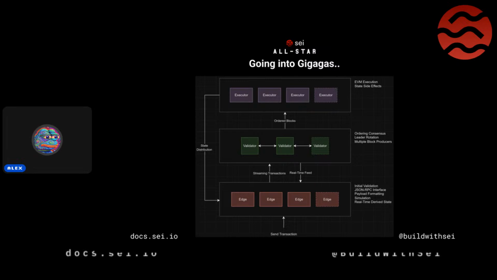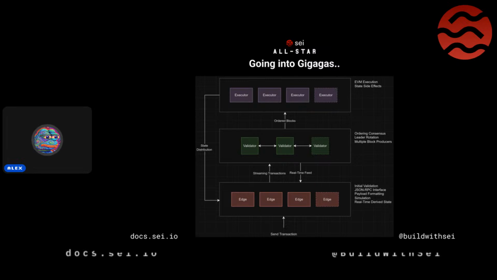And the idea behind this really is you split it up into 3 parts, which at the top you can see in the graphic: executor nodes, validator nodes, and edge nodes. The executor nodes are, simply put, just the nodes that execute EVM transactions, and they're not going to handle anything else.